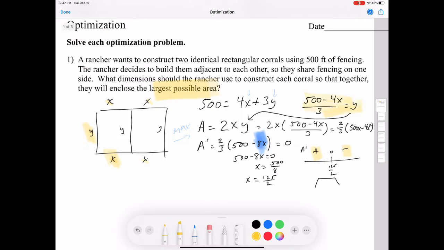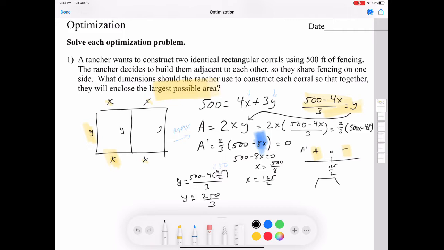So y is equal to 500 minus 4x over 3. Our x value is 125 over 2. The 2 and the 4 divide out, leaving us a 2 and giving us 250, right? And 500 minus 250, y is 250 over 3.